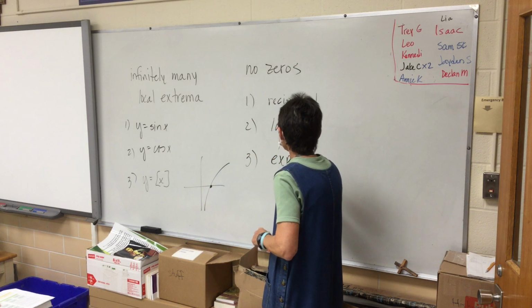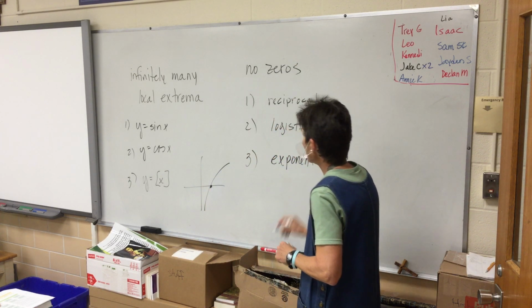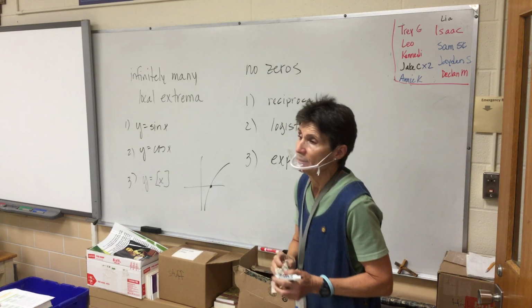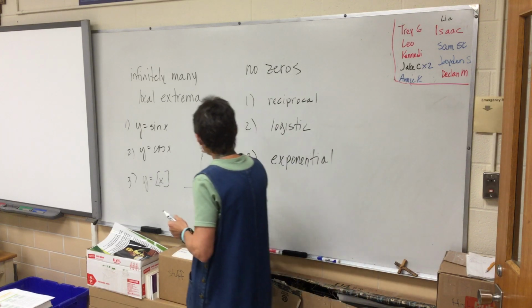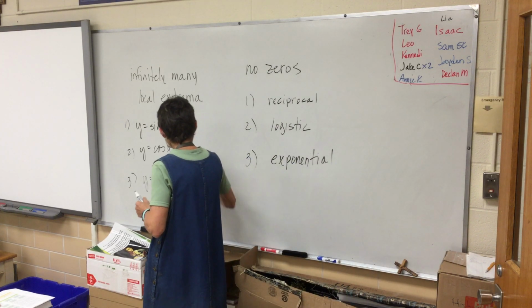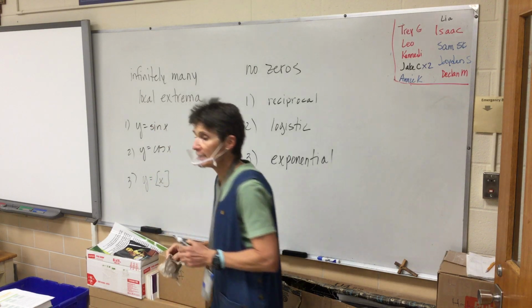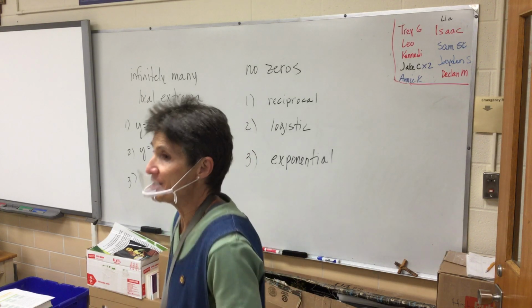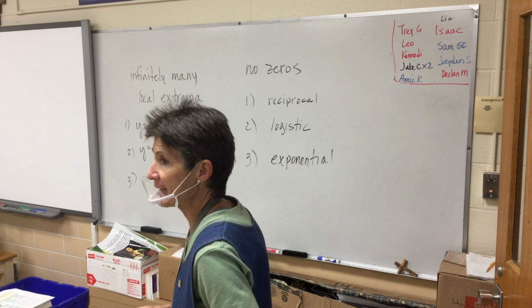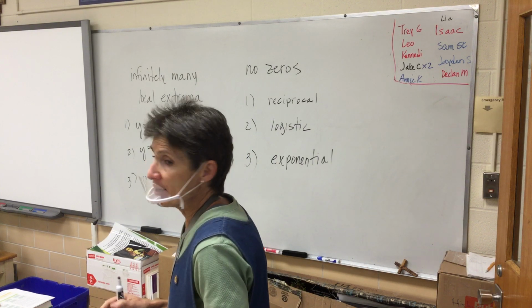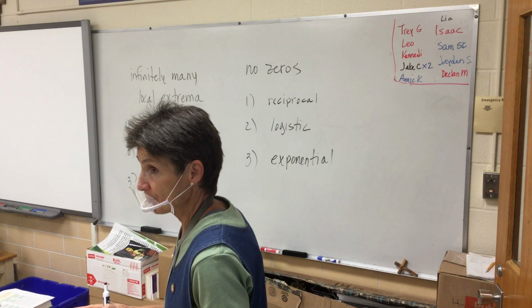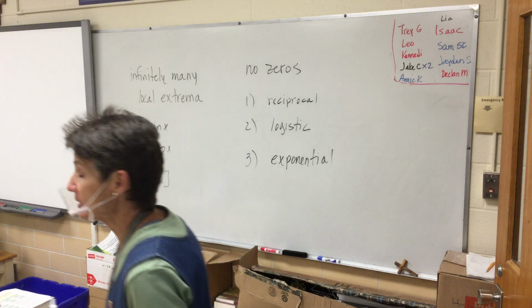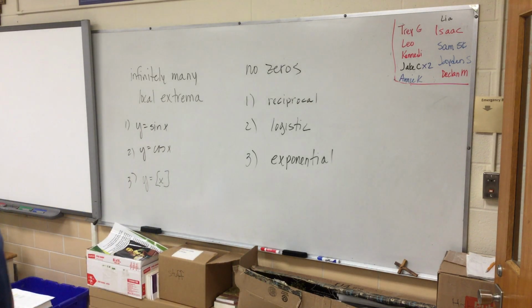So no zeros means it doesn't cross the x-axis. So you are just looking for pictures that don't cross the x-axis. Now, I don't think that's a tricky one, right? I would feel perfectly okay saying you name one function that doesn't cross the x-axis. You should be able to do that, right?